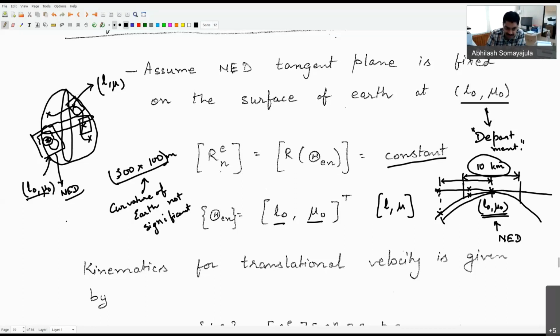Rather, I'll fix the rotation matrix at the value L0, mu0 and use the same for all the latitude and longitude values within the 10-kilometer radius. That helps me map my latitude-longitude pair into xn, yn and zn values.